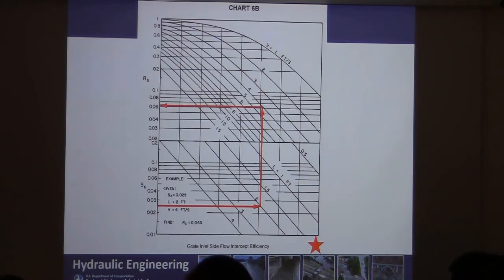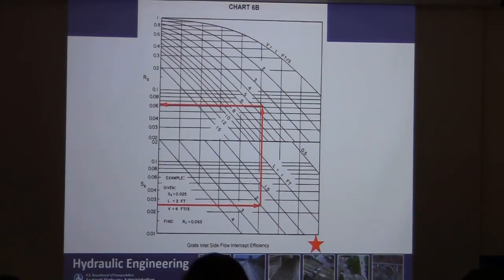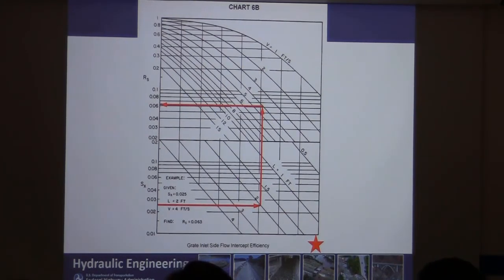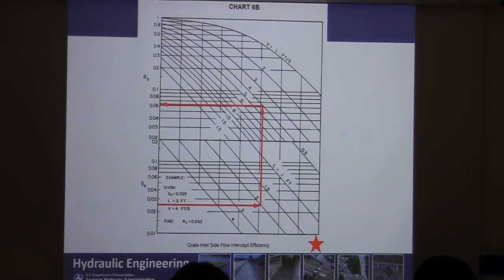So if your gutter width is big enough that the capacity of the gutter is intercepted by the frontal flow, the grate, so all the gutter flow is coming down and it's the same width as the width of your grate, so gutter flow and frontal flow is equal, it's all going to go into your grate, theoretically. So you would have no side flow. So you would want to know your depth and your spread before you started calculating your flow. Yeah, good point.